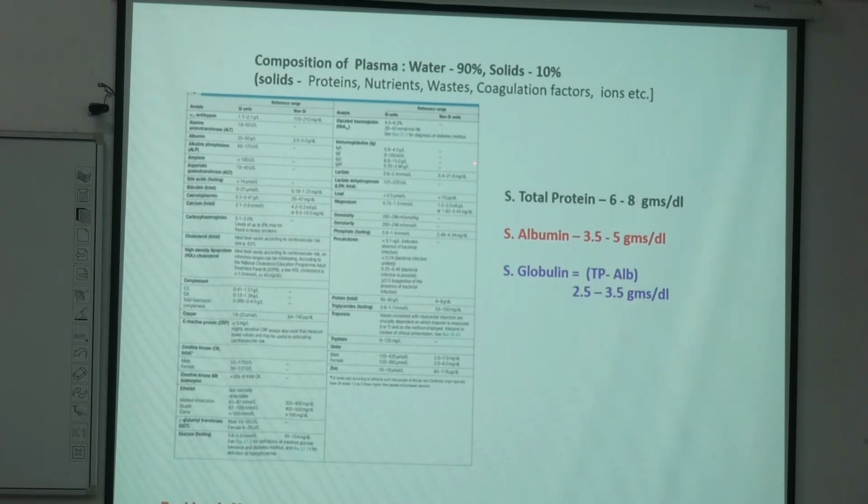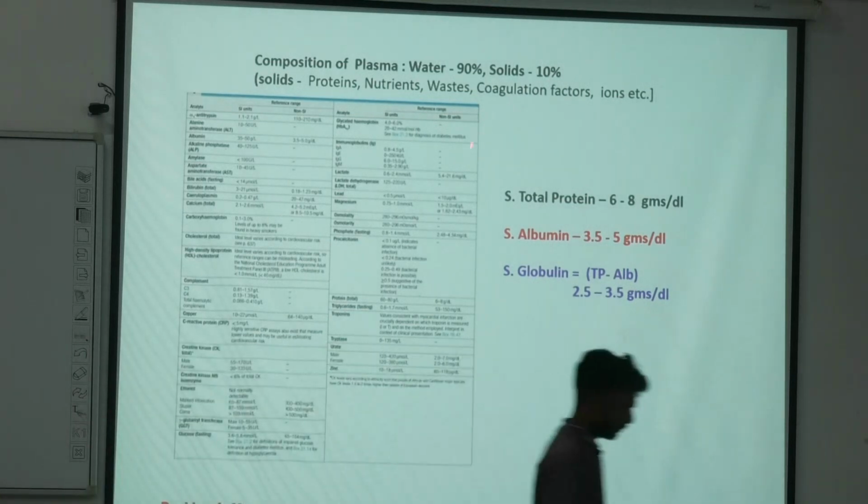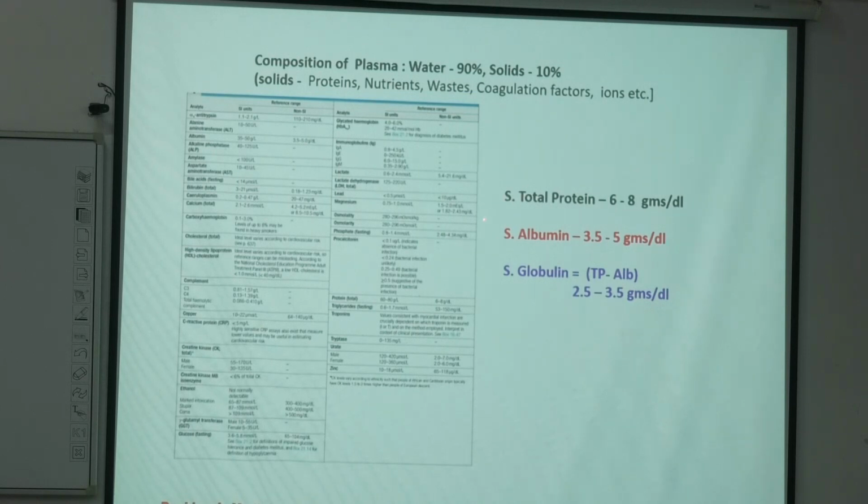and today my thrust area is this one, that is protein. That total protein, I can repeat, is 6 to 8 grams per deciliter, and albumin constitutes 60% of the total protein and is the main determining factor of plasma osmotic pressure, and globulin is 2.5 to 3.5.